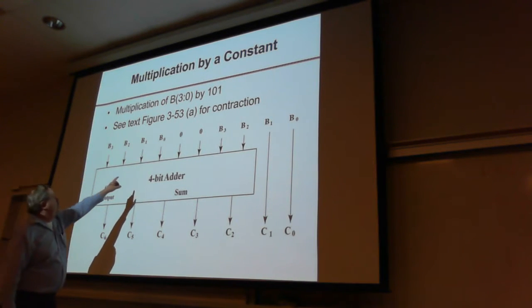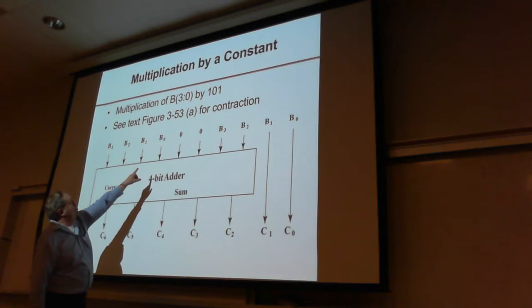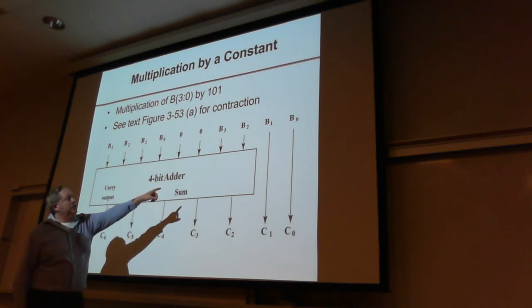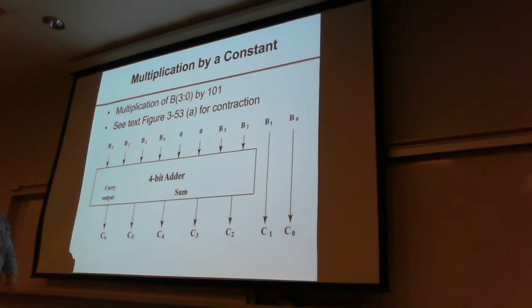Okay, so I'm going to build my multiplier by taking a 4-bit adder. I'm going to put my input bits B0, 1, 2, 3. And look at over here, I have bits 0, 1, 2, 3. Okay, and what is it I'm trying to do? I want to multiply it by 101. Okay?